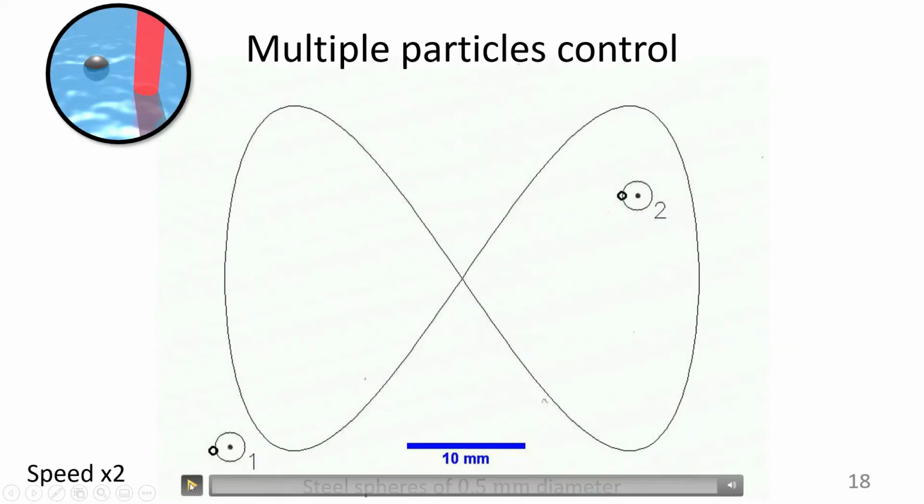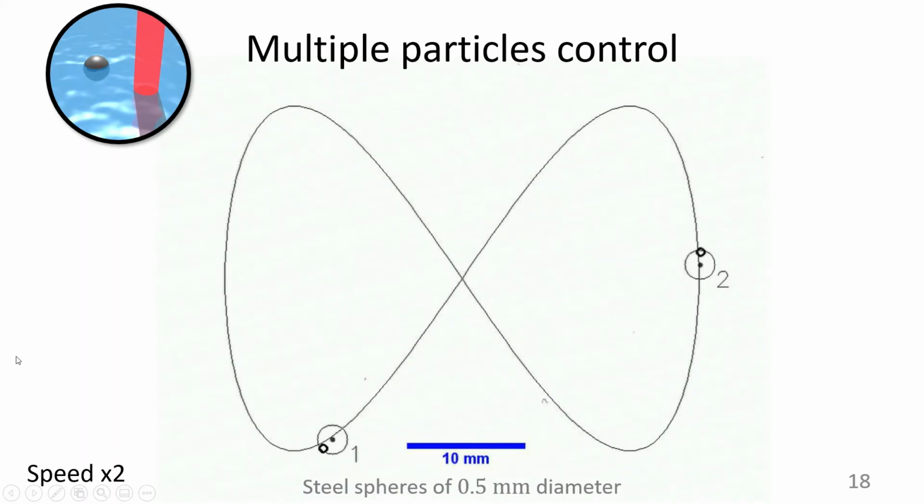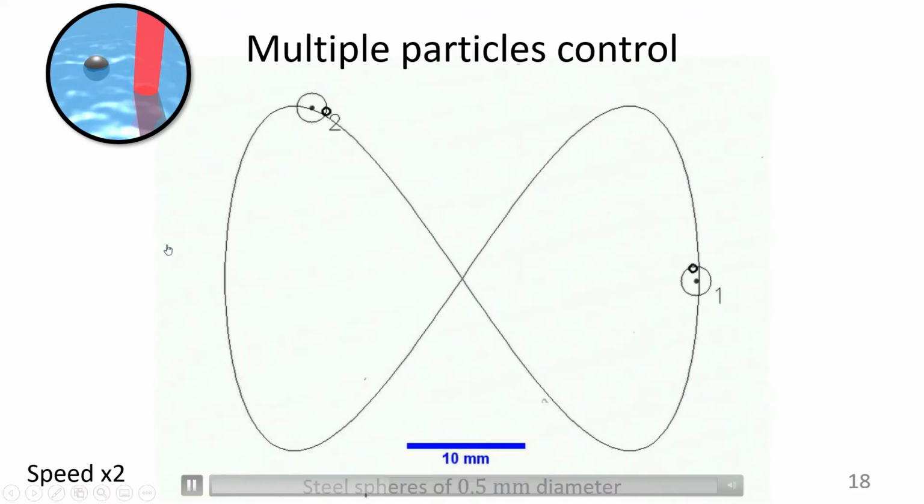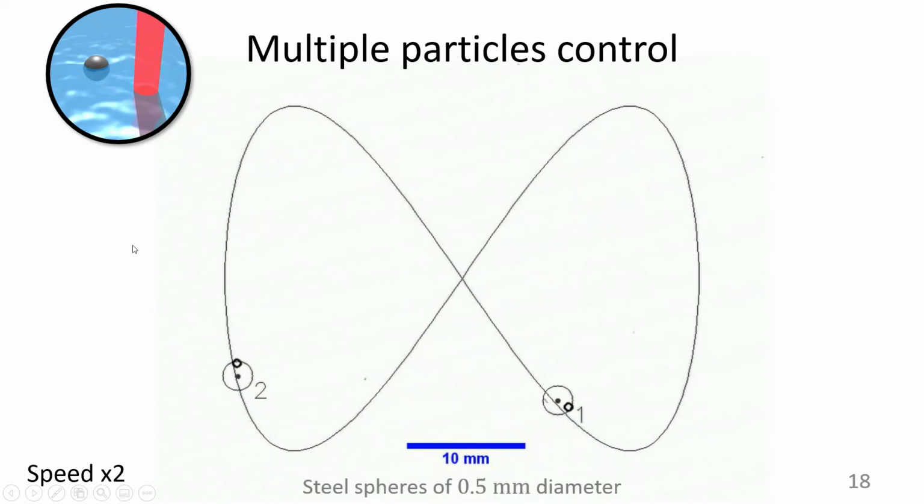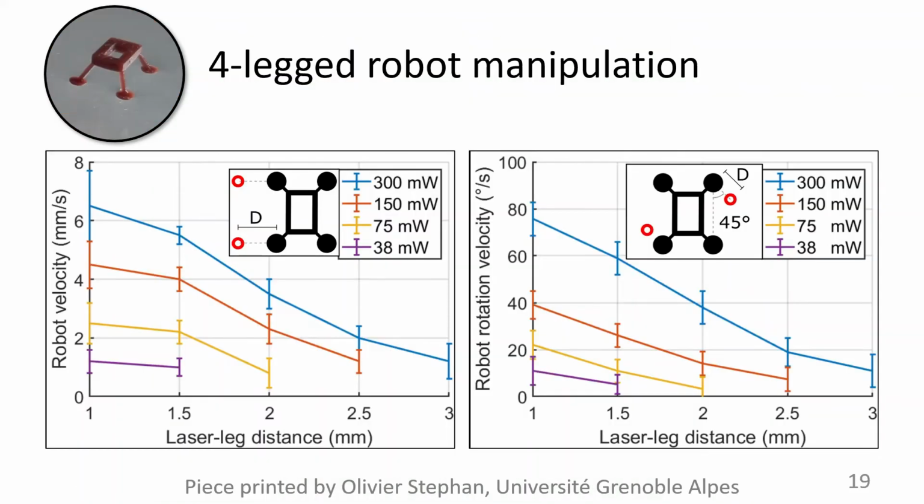And by doing that, we can control, for example, 2 particles simultaneously to follow this loop, as shown here. It's still the same particles as before. Or we can, for example, control bigger particles. In this case, a 4-legged robot.